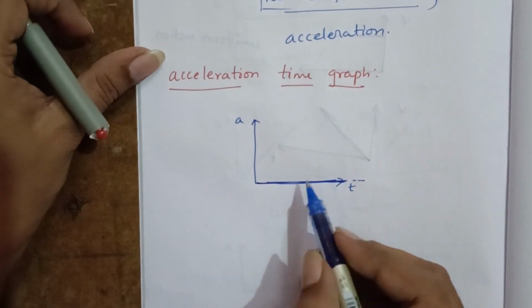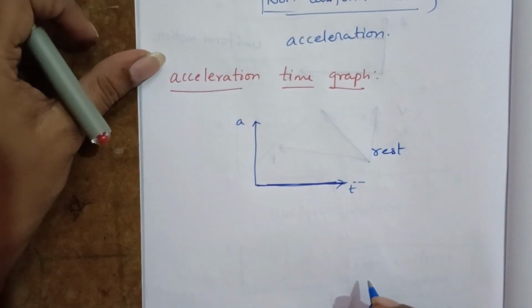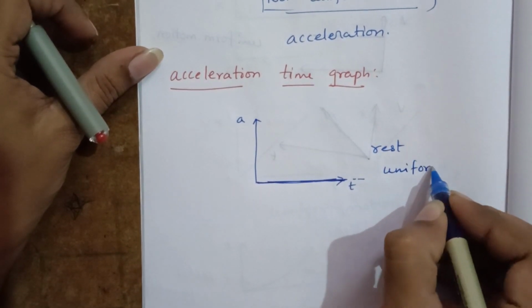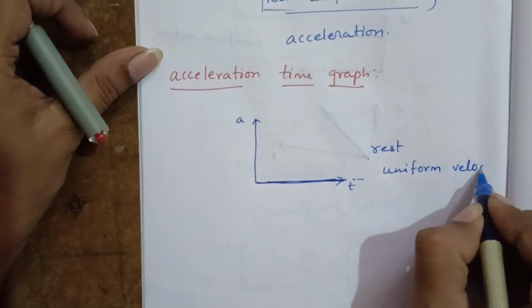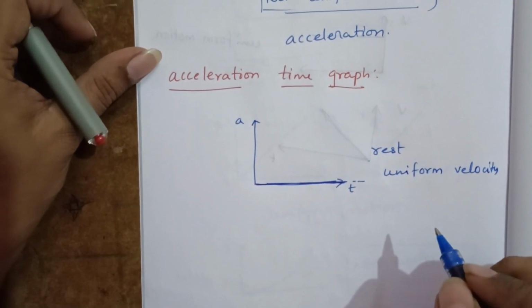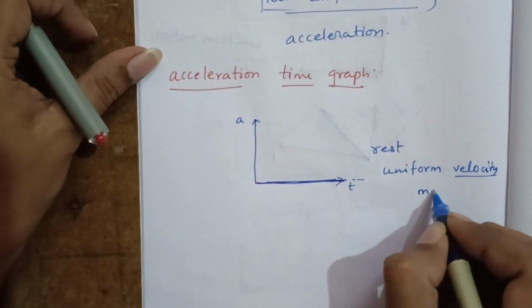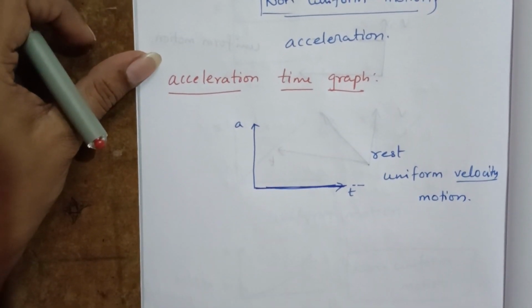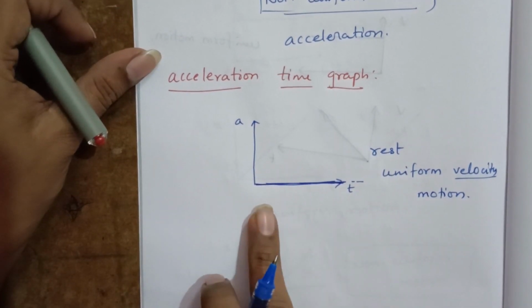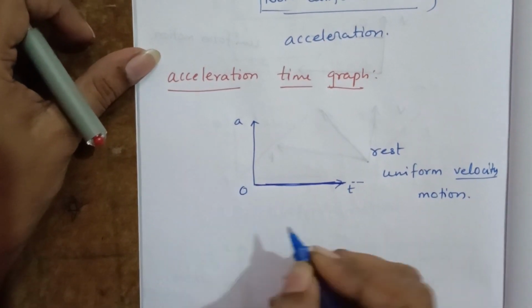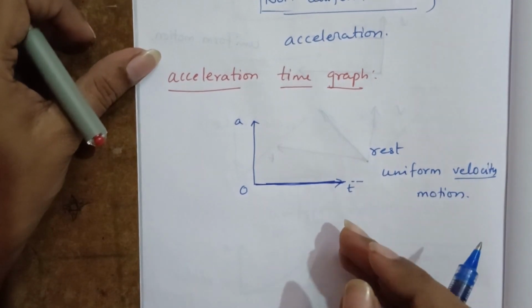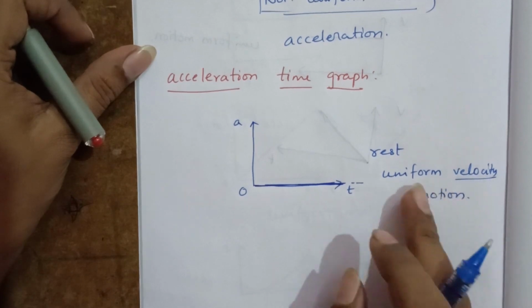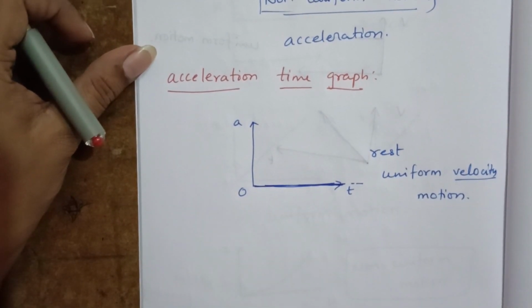That indicates either at rest or moving with uniform velocity or uniform motion. Means no acceleration, acceleration is zero, but time is increasing. So if the body is at rest, acceleration is zero. If the body is moving with uniform motion or uniform velocity, acceleration is zero.